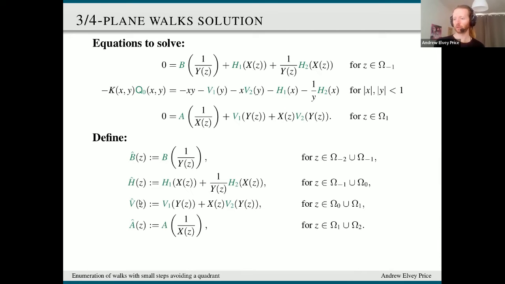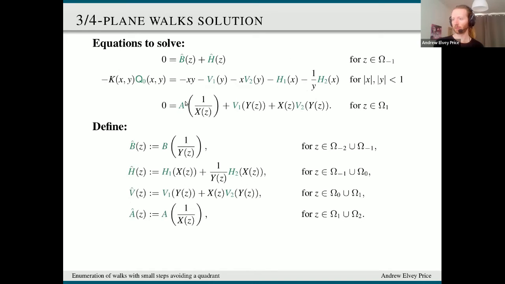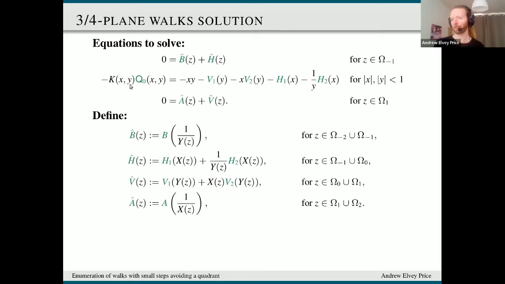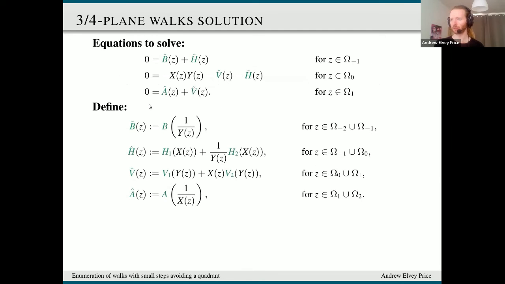Okay, so now after making these definitions, our equations simplify significantly. And so doing all the same things to the middle equation as we did to these, substituting in x to x of z, y to y of z, and then converting to these functions, this becomes this simple equation. Okay, so now we have these 3 equations to solve.